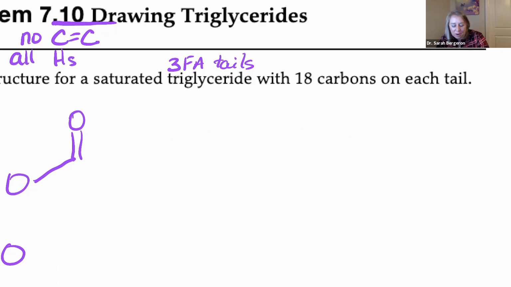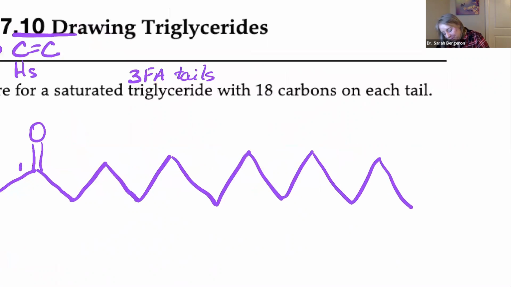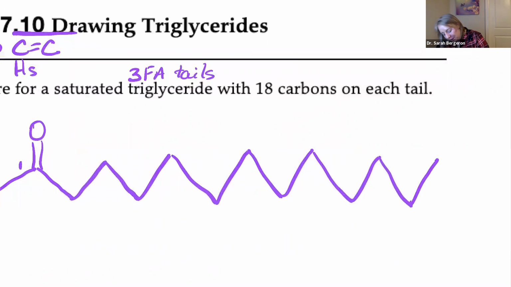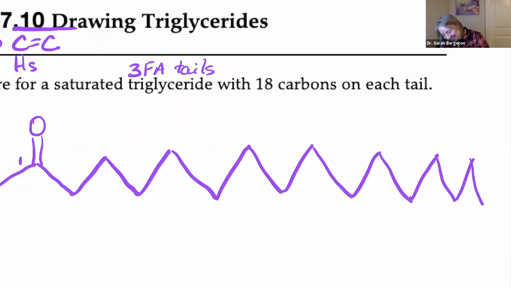So this is like a carbon, that's like our first carbon, right? So 1, 2, 3, 4, 5, 6, 7, 8, 9, 10, 11, 12, 13, 14, 15, 16, I'm running out of room, 17, 18.